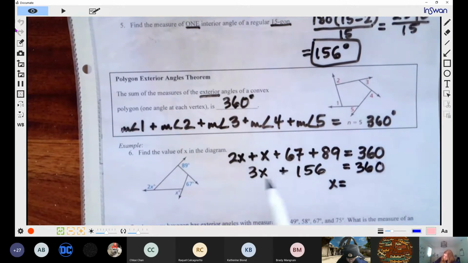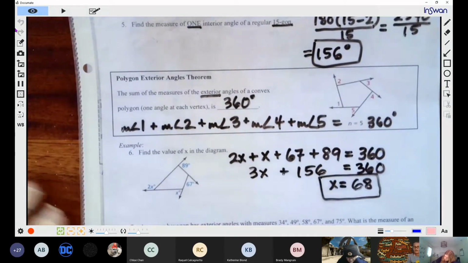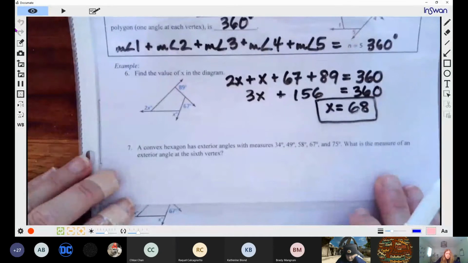So subtract 156 and divide by 3 for me. Do you get 68? I think it's 68. Okay. Pretty sure that's it.